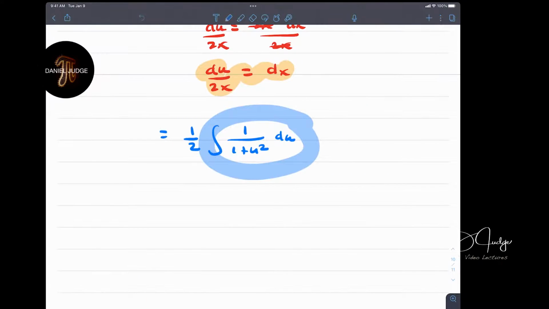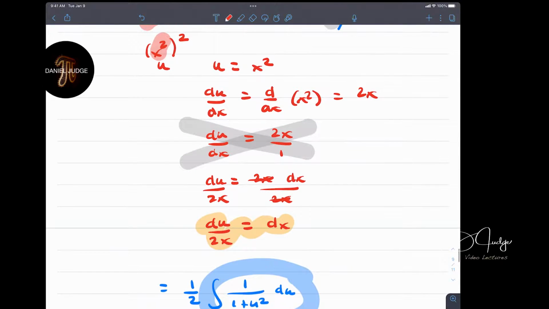Inverse tangent of u plus c. What is u going to be? Remember, u is going to be what here? U is x squared.